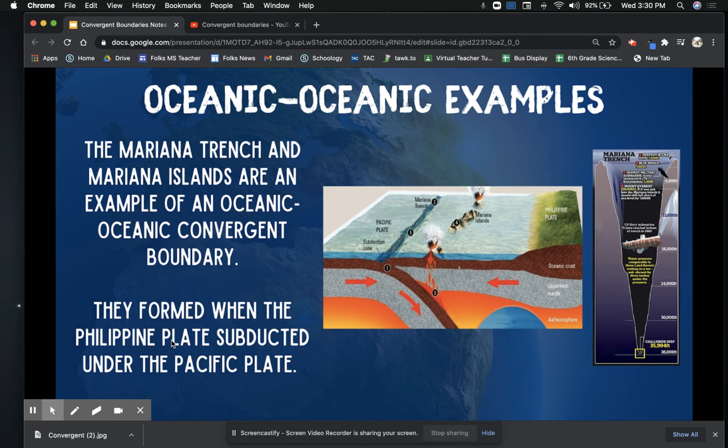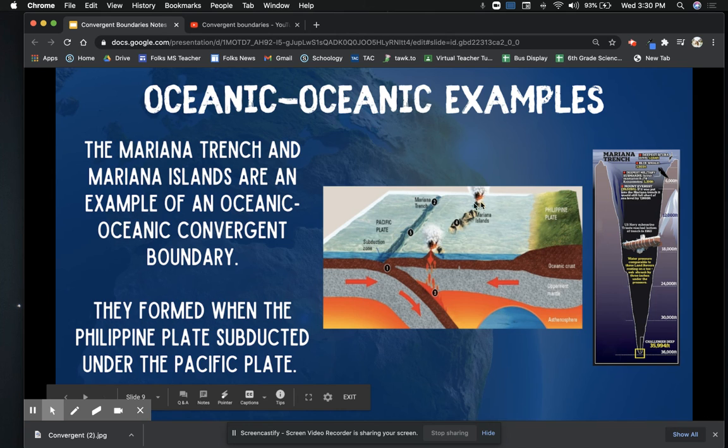So let's look at our examples. The Mariana Trench, which is the deepest trench in the world, over 35,000 feet below the Earth's surface, that is an example of an oceanic convergent boundary. This formed when the Philippine Plate subducted under the Pacific Plate.